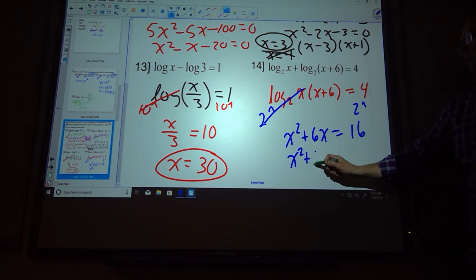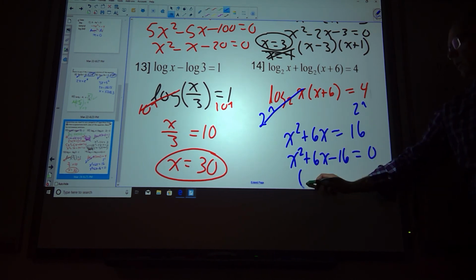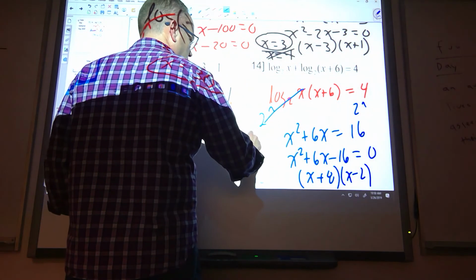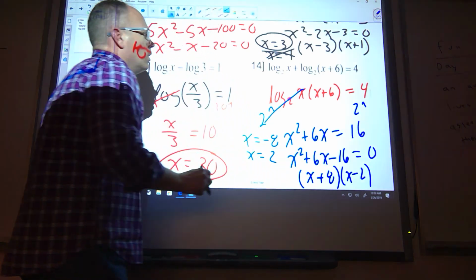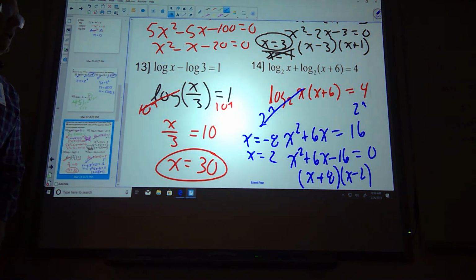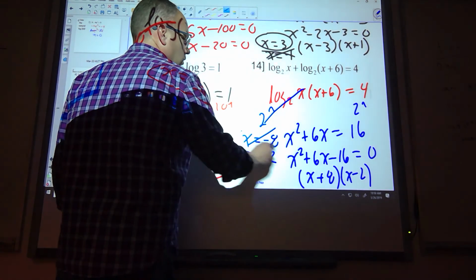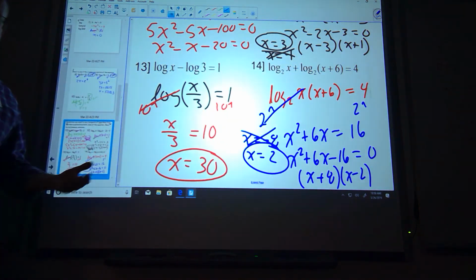X squared plus 6x minus 16 equals 0. X plus 8, x minus 2. That factor right? Yes. So I get x equals negative 8, x equals positive 2. Do either of those give me a log of a negative? Yes, the negative 8 definitely does. Does the 2? I get log 2. No, that works. Perfect. That's it.